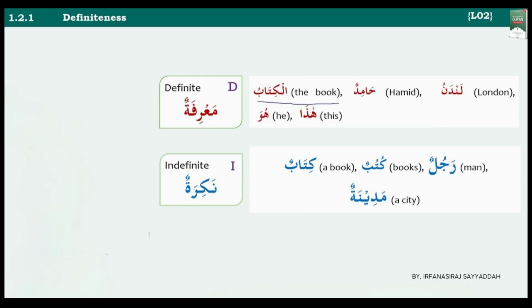As far as book is concerned, a book, kitabun, that is non-specific, so it is indefinite. Books, indefinite. Rajulun, a man, indefinite. And madinatun, a city, could be any city. So this subject of which ismun is definite, which is not definite, inshallah, is going to be studied in detail in the next lesson, lesson number 2.